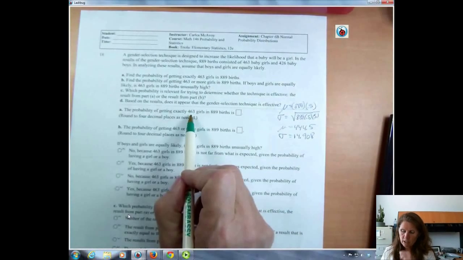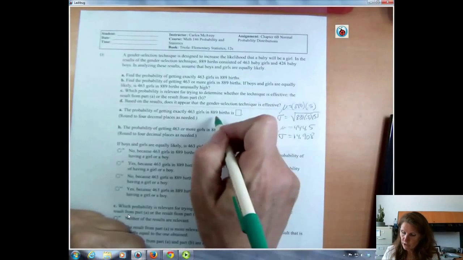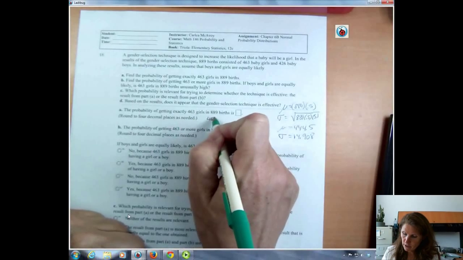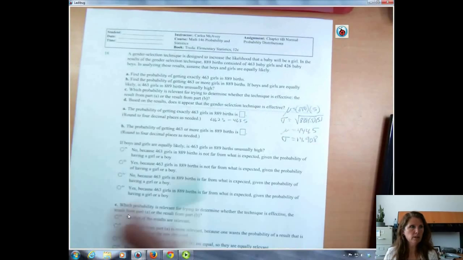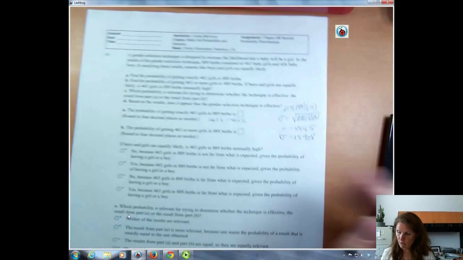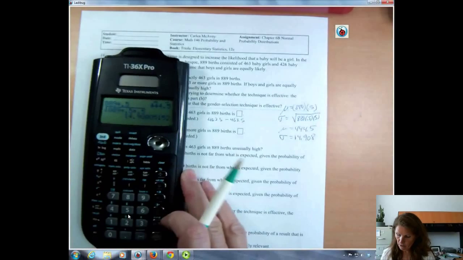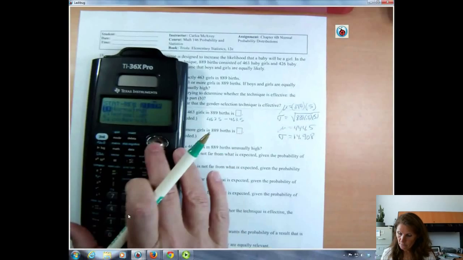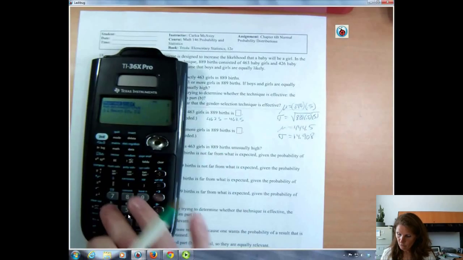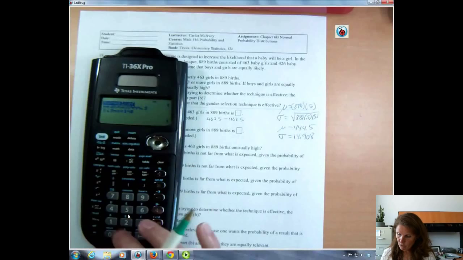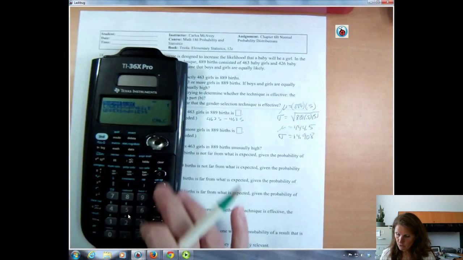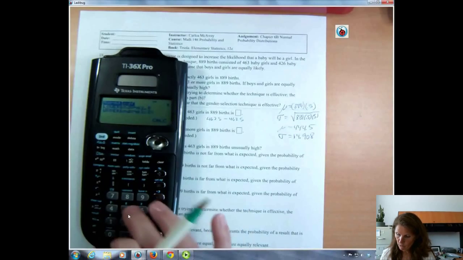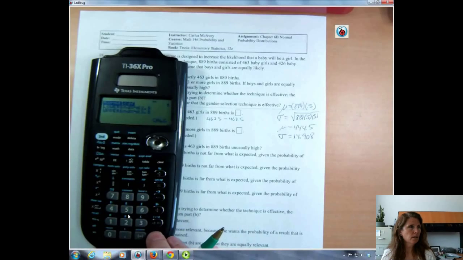The probability of getting exactly 463 girls, we're going to look at 462.5 to 463.5. We're going to look at the numbers on either side of that as our range, and we have our standard deviation and things there. So second function data, we're going to enter 444.5 and 14.908, and then we are going from 462.5 to 463.5 and hitting calculate.